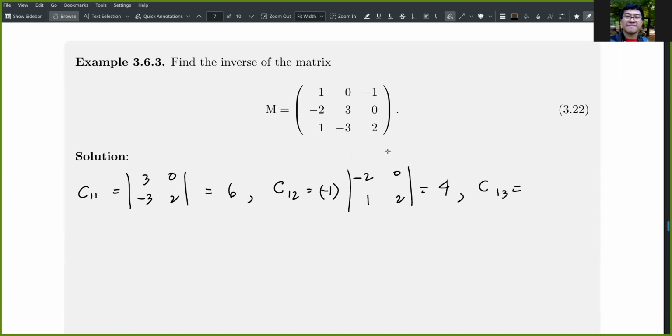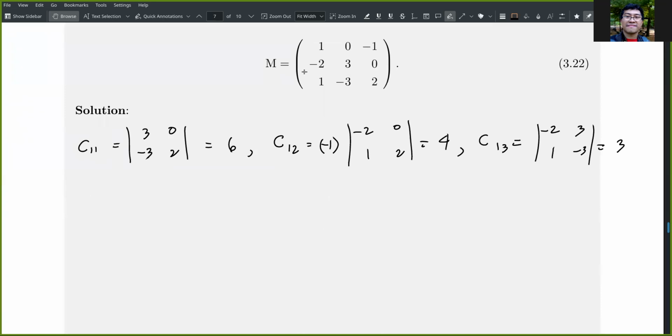C13, we derive by crossing this out. You have -2, -3, 3, and 1. -1 to the power of 1 plus 3 is +1, so we ignore that. This would be -2 times -3, that's 6, minus 3, that's 3. We do the same thing for the other terms of the cofactor matrix. C21 is 3.